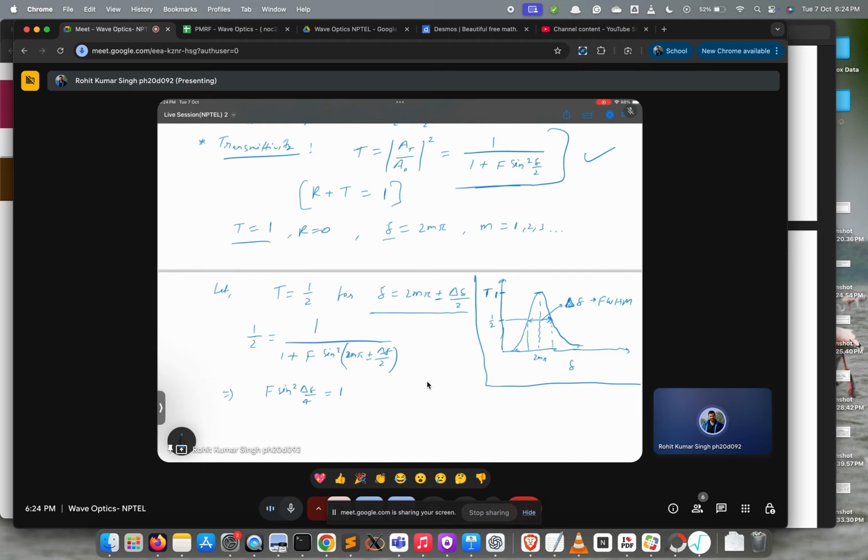Now you can assume that this phase difference is very, very small, so that you can approximate sine delta as delta. So at the end you get this angle equal to 4 by square root of F.